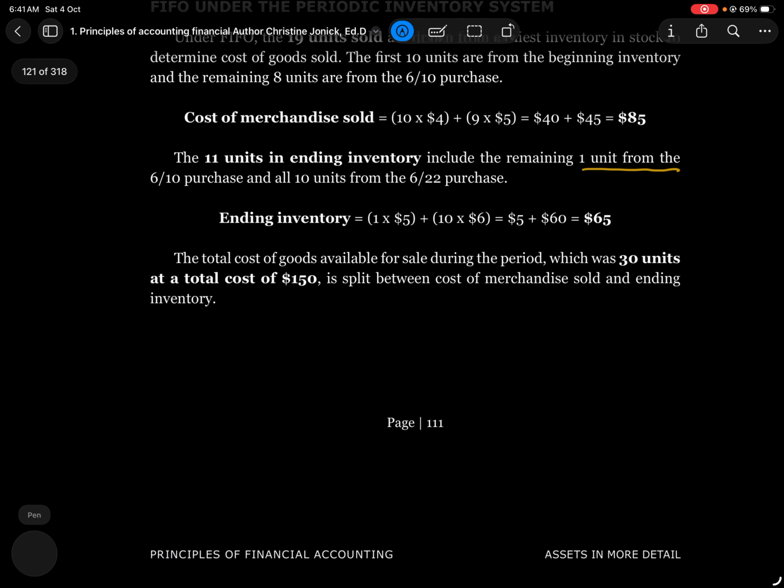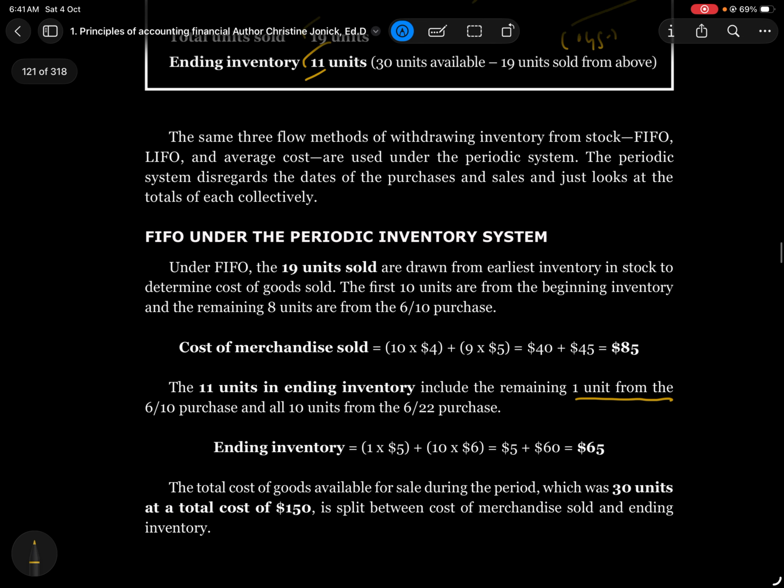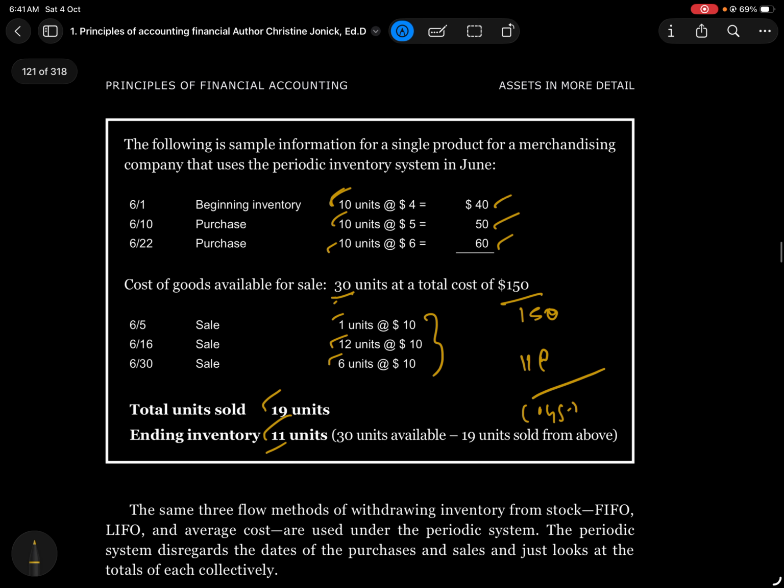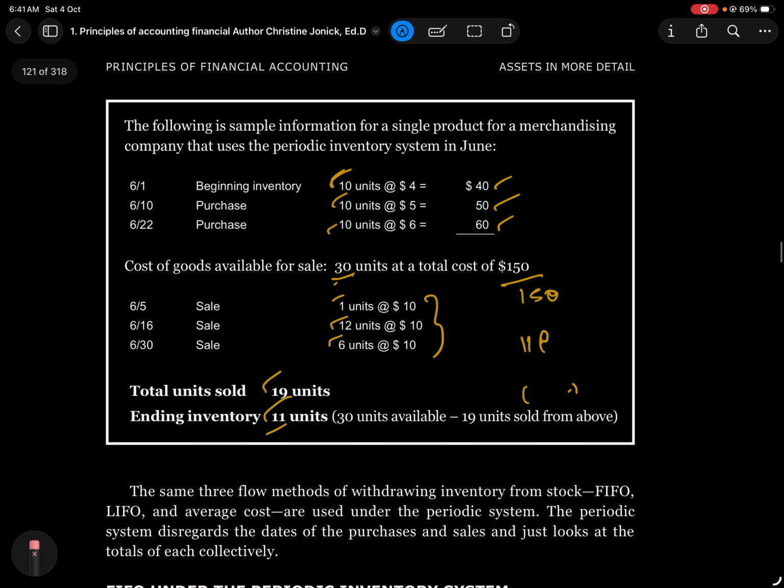So what it is essentially trying to say is nothing different, but let's just do a simple math over here. Okay.